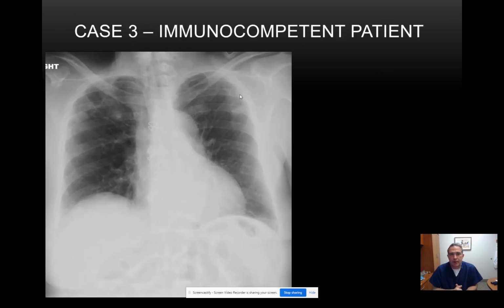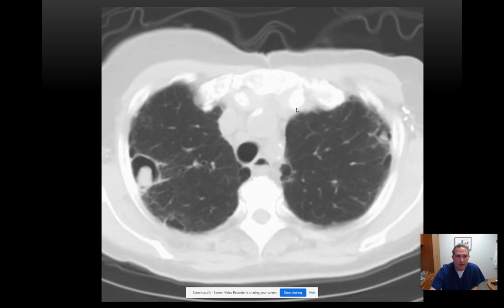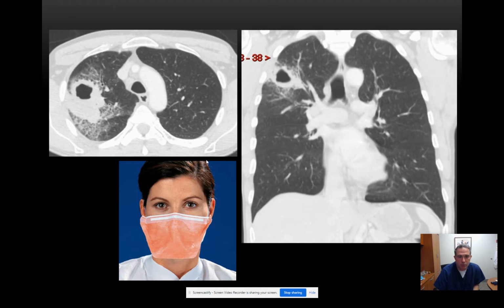Case number 3, immunocompetent patient. Looks like we have some nodules. Maybe this one's cavitary. So we move on to CT. And we have a pretty nicely defined cavity with this little ball that's rolling around inside the cavity. And I show this just in distinction to this, where you have this thick-walled cavity and active inflammation around it.